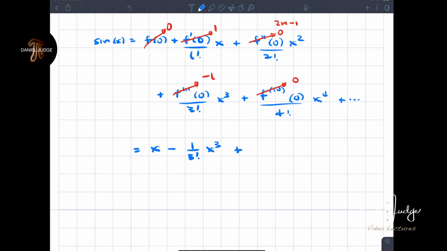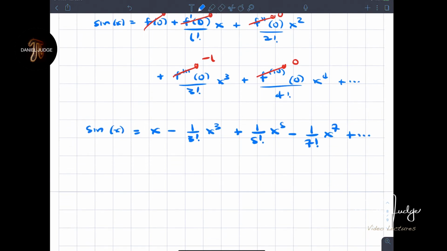So in other words, odd powers: 1 over 5 factorial x to the fifth minus 1 over 7 factorial x to the seventh, and that continues forever. And this is how we describe the power series expansion for sine.